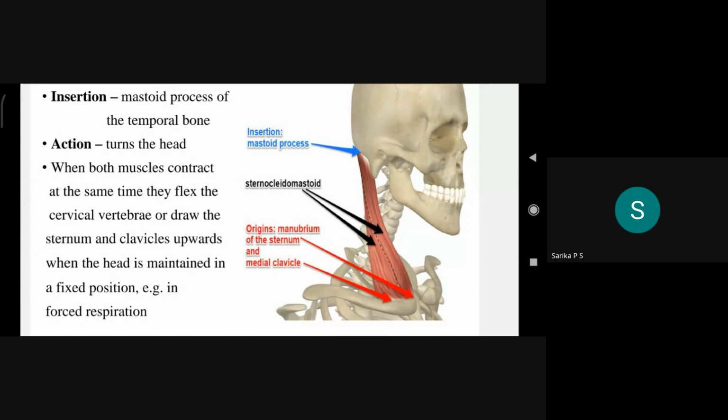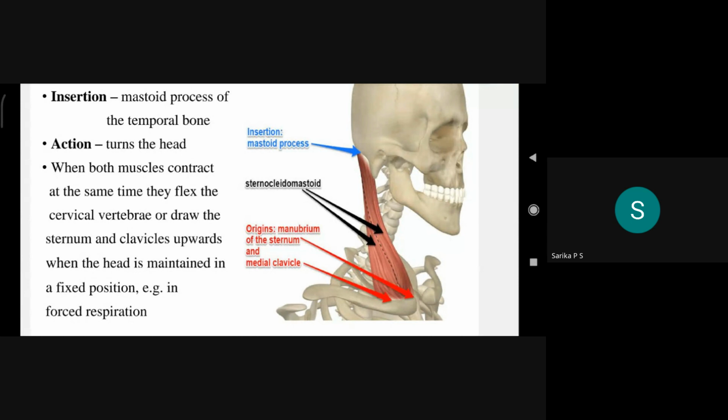This muscle we can see is present on the right side in this picture, but it is present on both sides in our body, right? So we can find two sternocleidomastoid muscles in our body. When both muscles contract at the same time, they flex the cervical vertebrae or draw the sternum and clavicles upward.